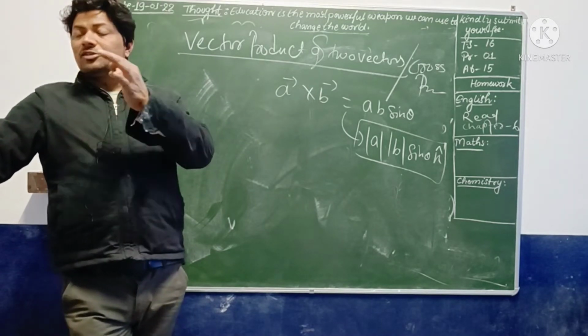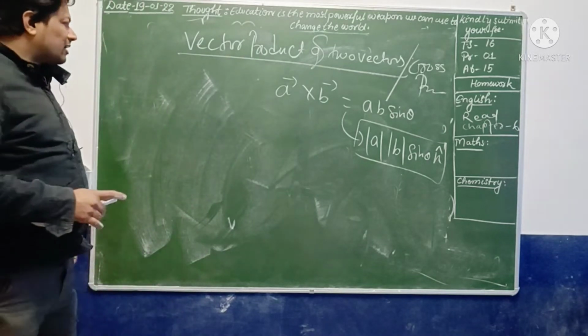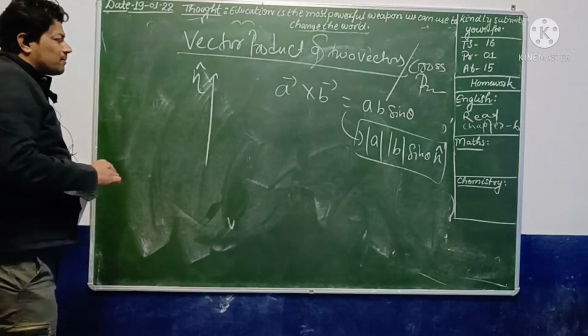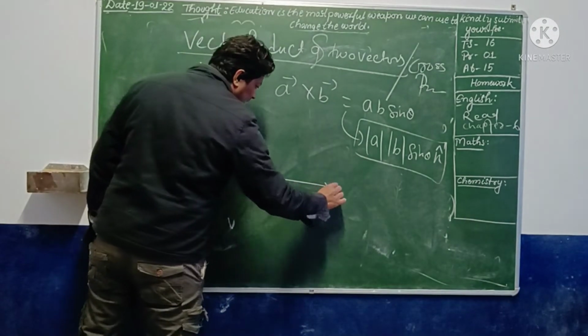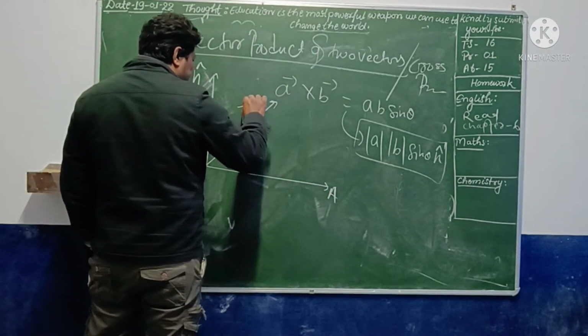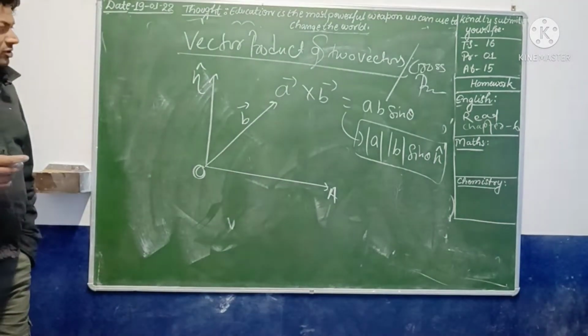Is A cross B equal to B cross A or not? First, when we talk about A cross B, if we draw from here, now we have this one A, this one is B. Clear? Read up to this point.